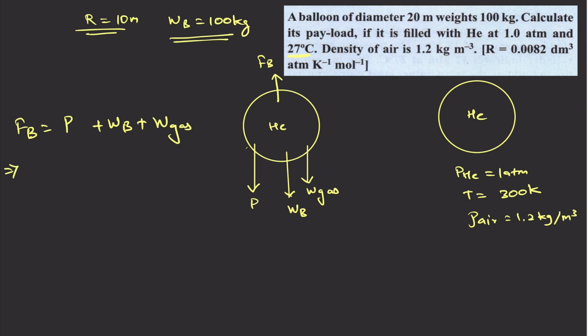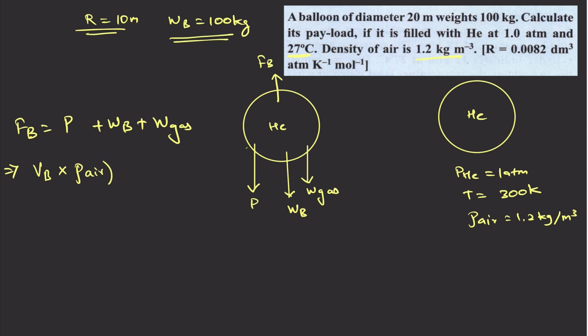Buoyant force will be the volume of the balloon into density of the air displaced. So I'll just say density of air. They have given you density of air as 1.2 kg per meter cube.